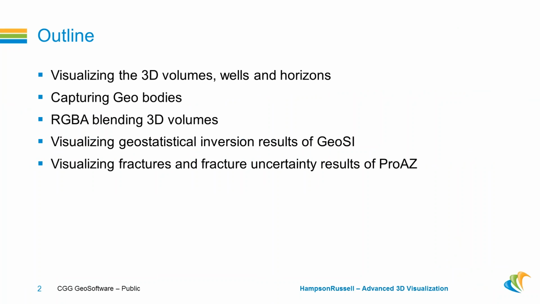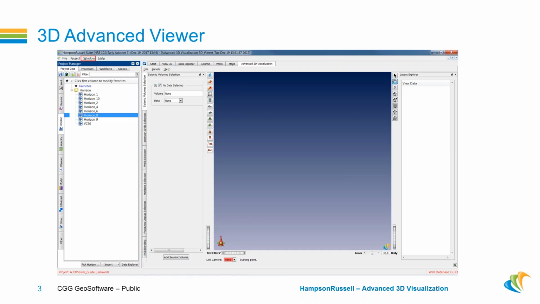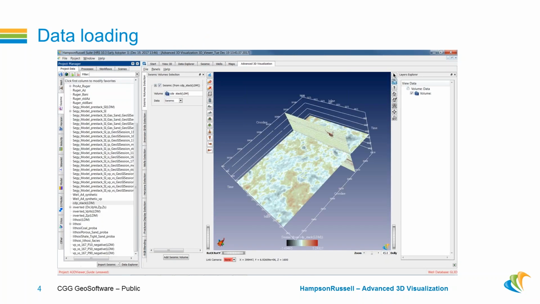I will show visualizing the 3D volumes, wells and horizons, and how it is done; capturing geobodies, which come from the LithoSI phases and fluid analysis modules; red, green, blue and alpha blending of the 3D volumes, which could be from spectral decomposition or from inversion results; visualizing geostatistical inversion results coming from the GeoSI; and visualizing fractures and fracture uncertainty, which come from ProAZ analysis.